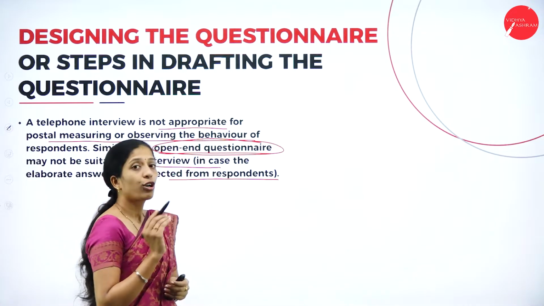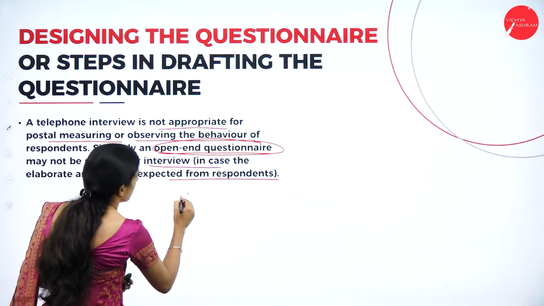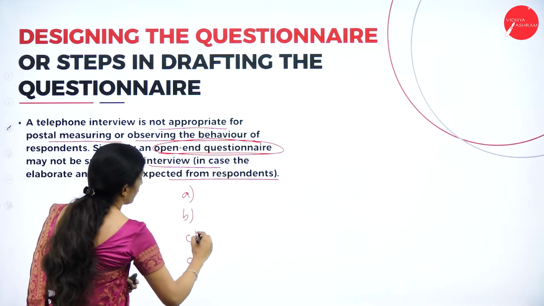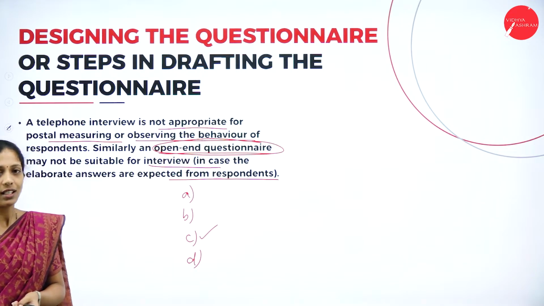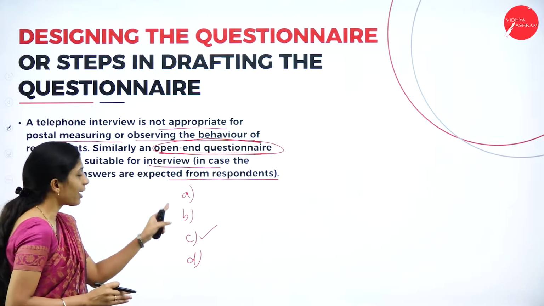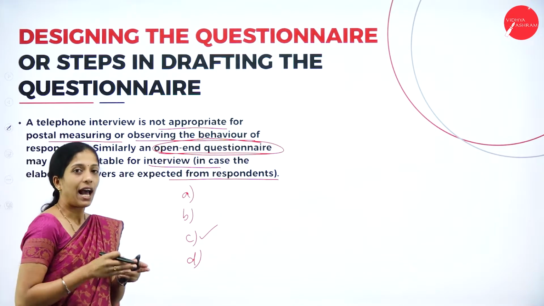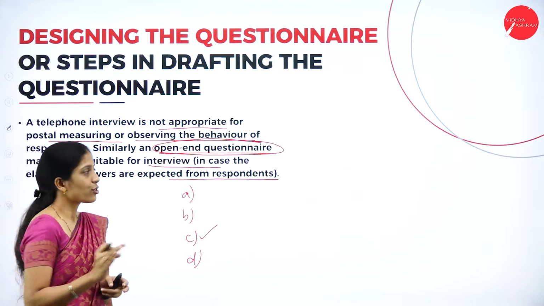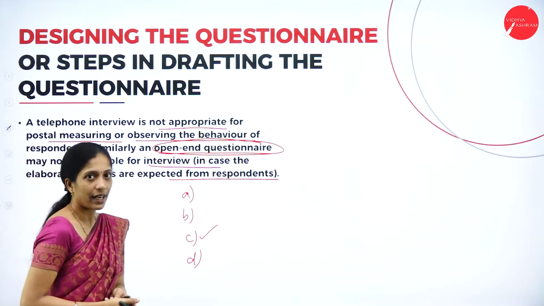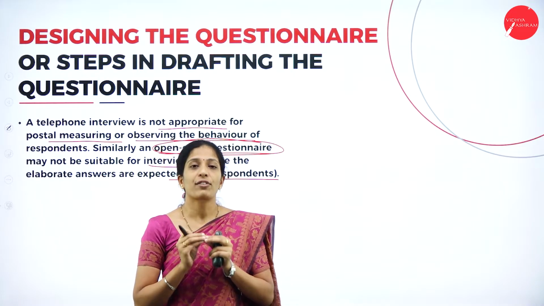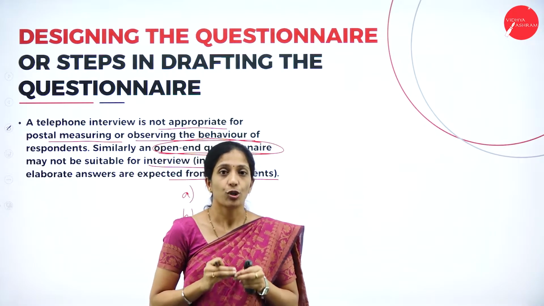For example, close-ended means you will have certain options like A, B, C and D, within which the respondent has to answer the question. But in an open-ended question, you will not have these options. As per their wish and will, they can give any explanation they want. That is known as an open-ended question.